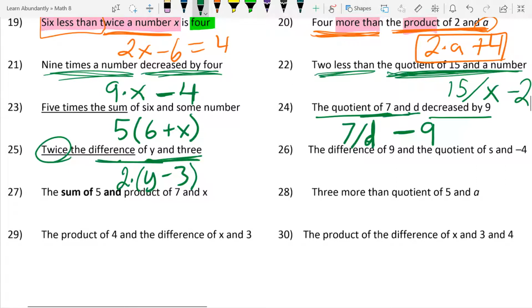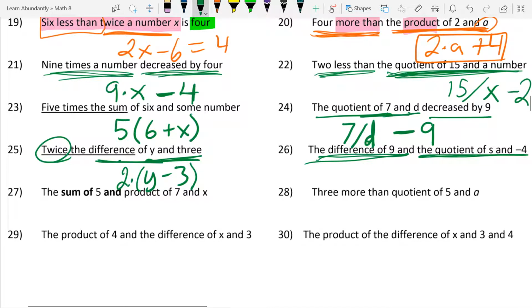Number 26, the difference of 9 and the quotient of s and 4. The trouble here is to pick which one we're going to do first. If we start by trying to do the difference of 9 and a number, well, difference means subtract. So I'm subtracting 9 and what?